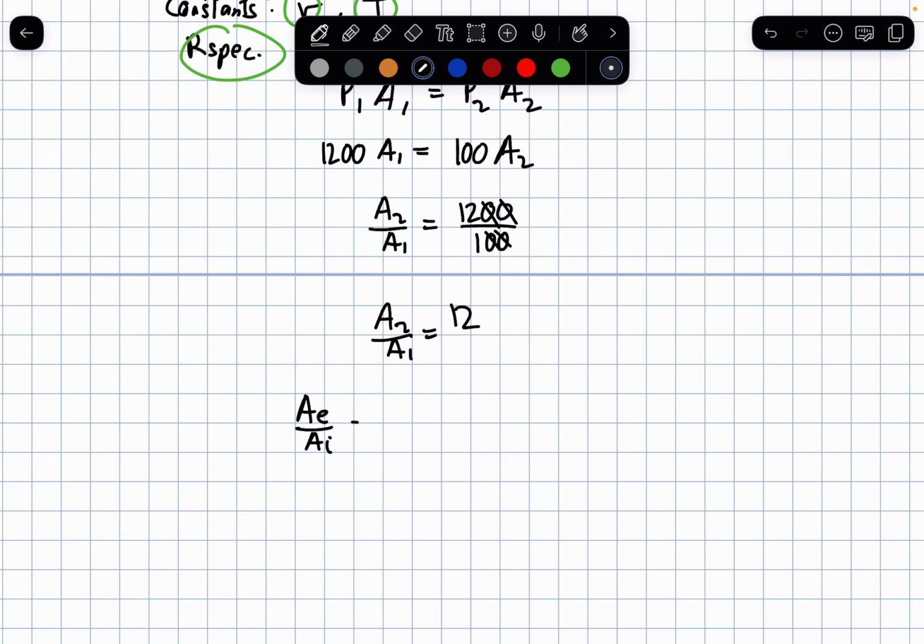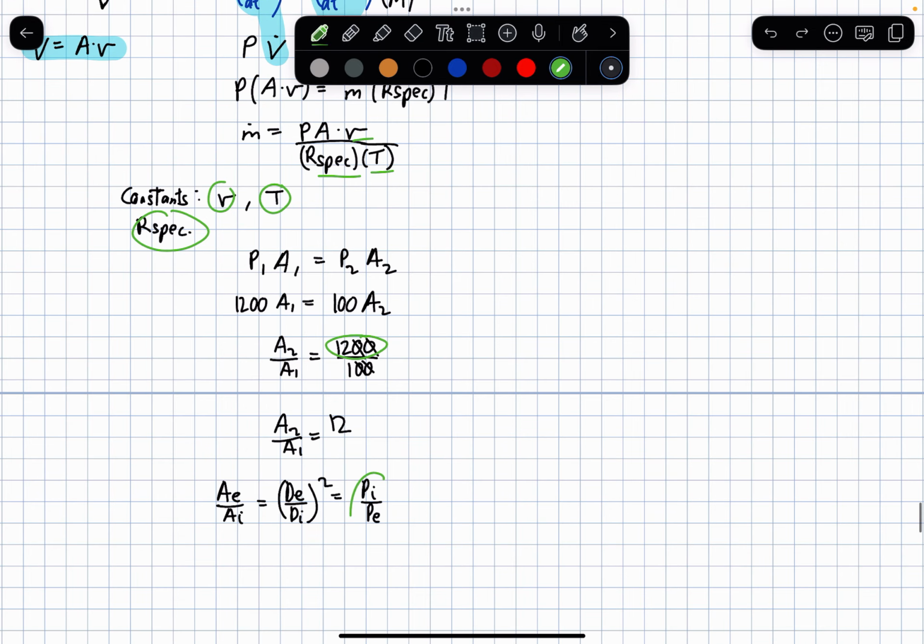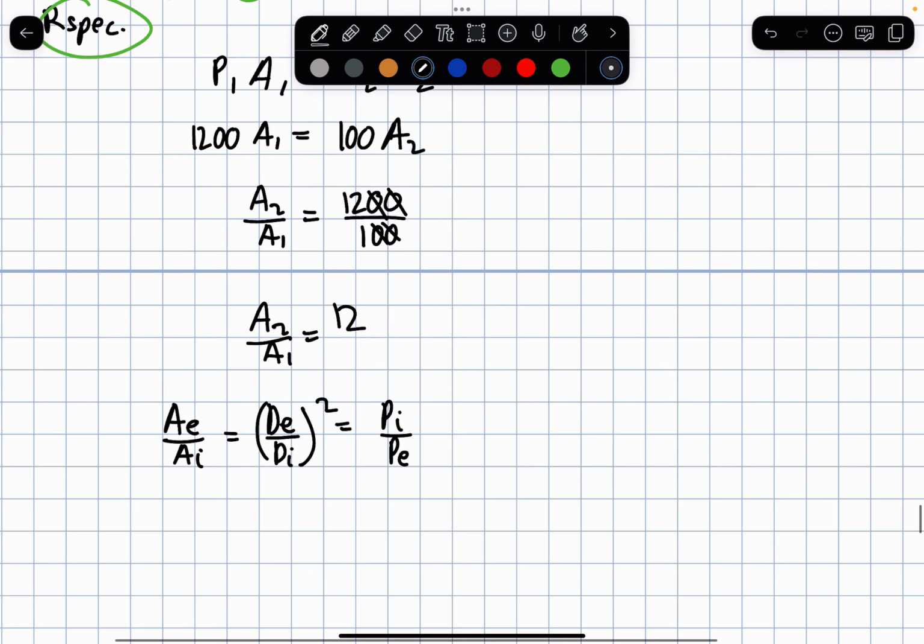AE over AI equals DE over DI squared equals PI over PE. Evidently, because this is the pressure inlet, 1,200. We just proved this formula, how this one is equal to this.